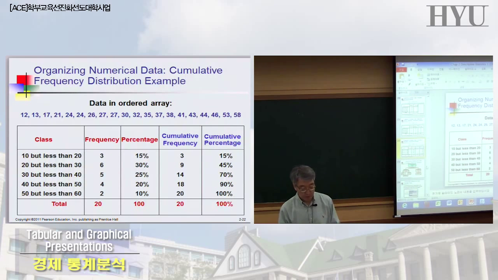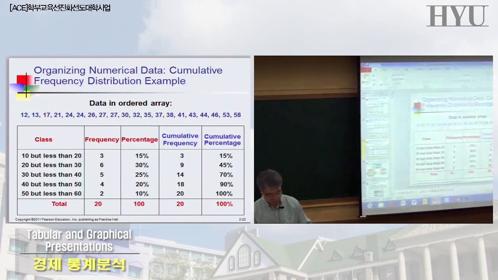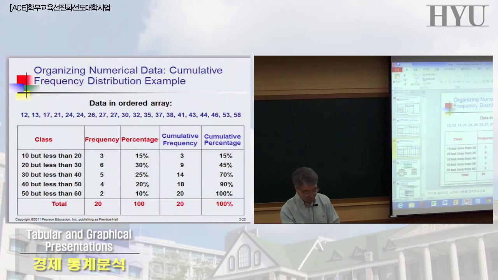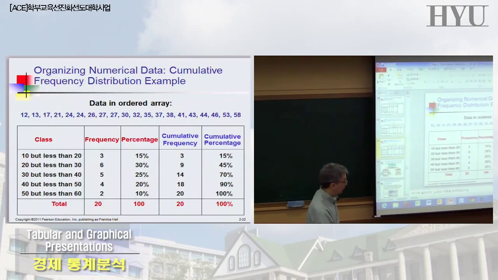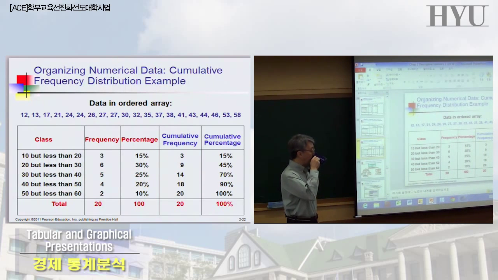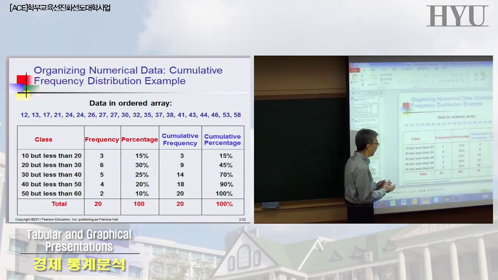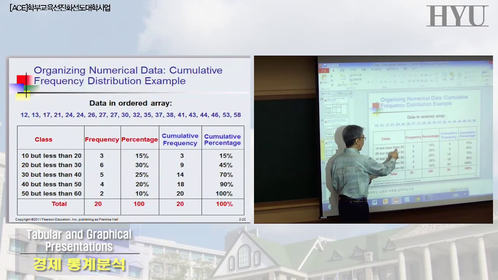Another thing you can do is construct your cumulative frequency. You can ask the question, how many observations are found in each class.